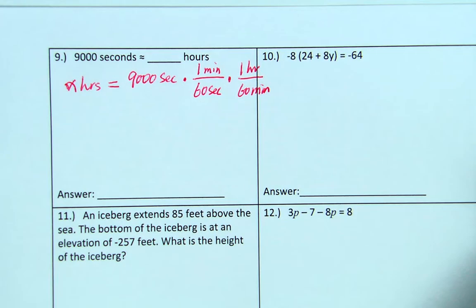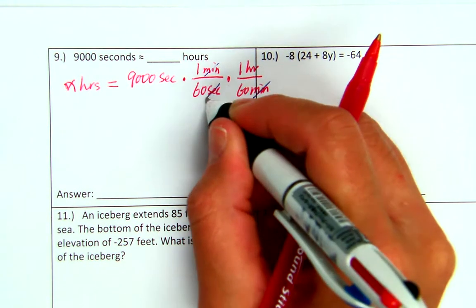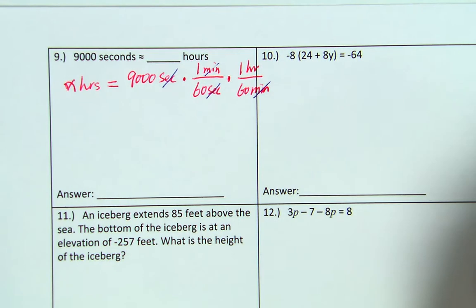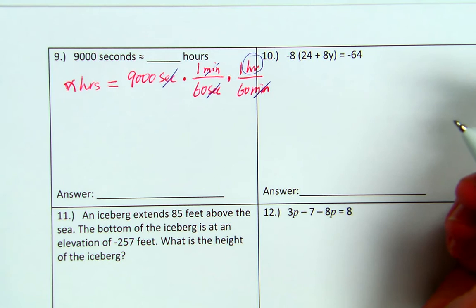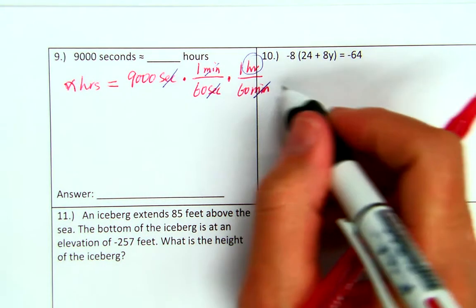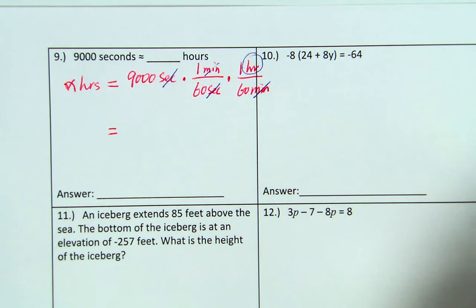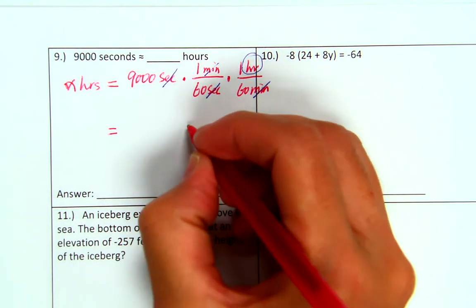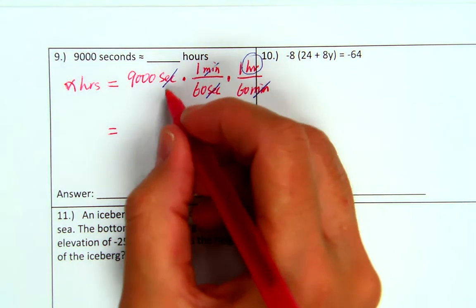Just by looking at it, you know that eventually minute cancels the minute and second cancels the second, so all the units cancel except for the hour. So your final product will have the unit of hour.